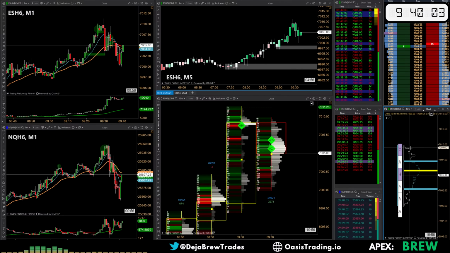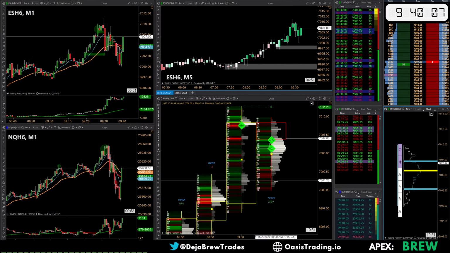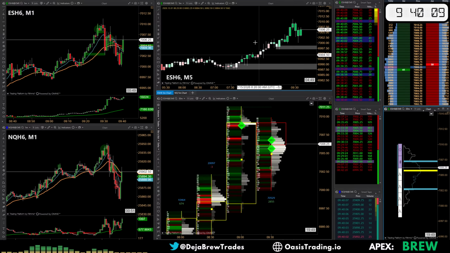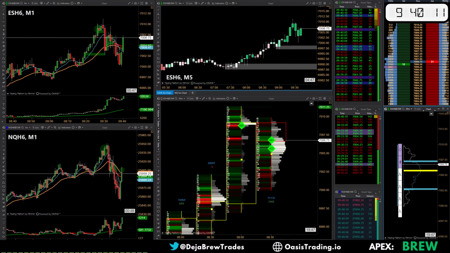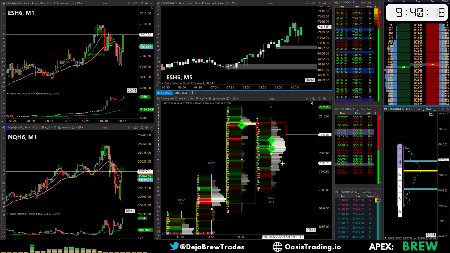Still showing a pretty perfect balanced profile here. They're protecting that lower push right back into an upper rotation. Notice the volume drop off here.